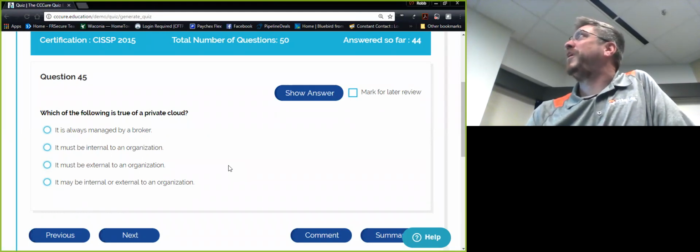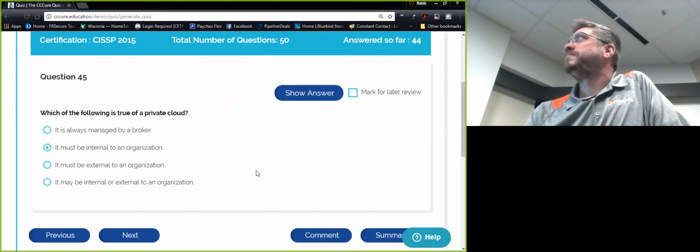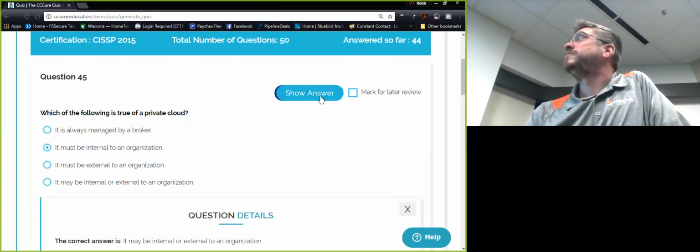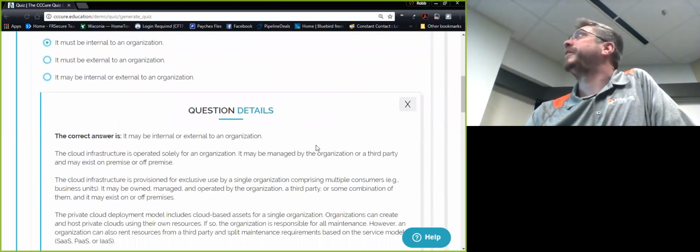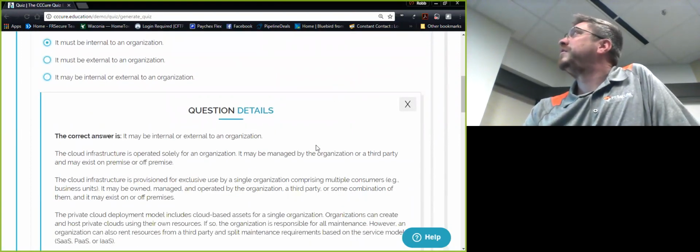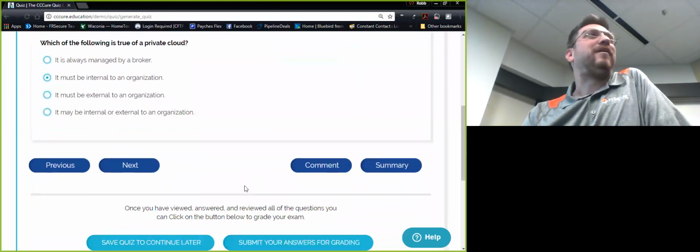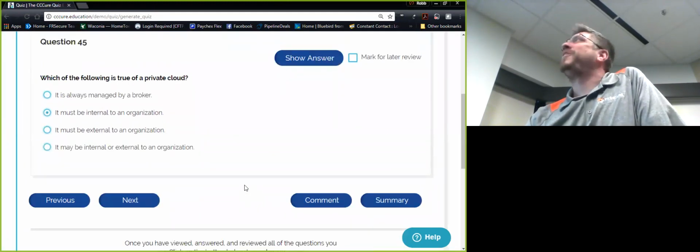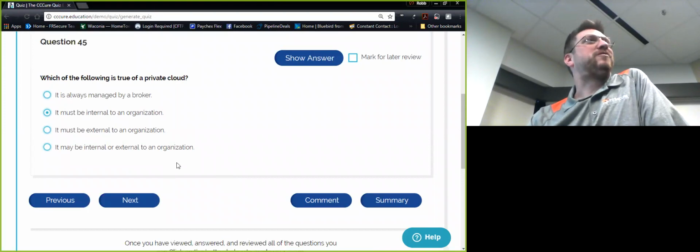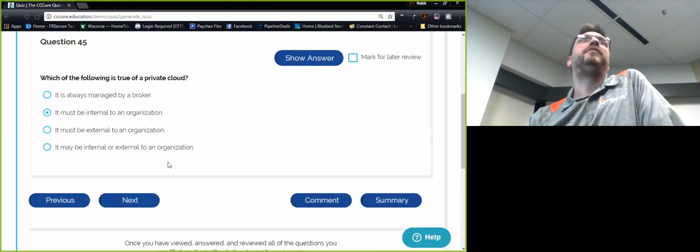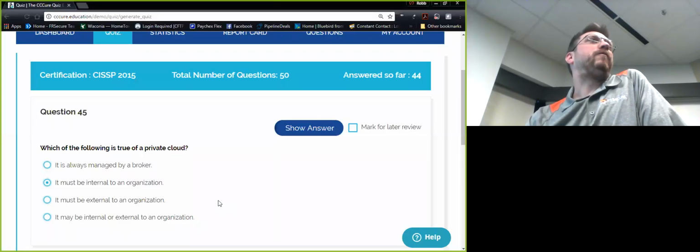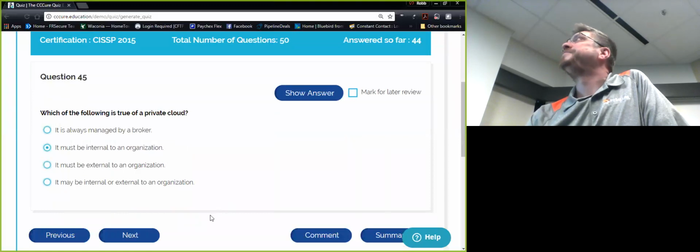I would say it's B. It can be D, internal or external. I think you're thinking about who can use it. I was thinking that would be like a hybrid solution, but it could still be private. Like I could have a private cloud hosted at some other location. Yeah, and I see what you're thinking too. It's tricky.